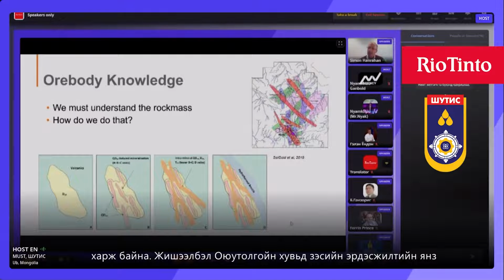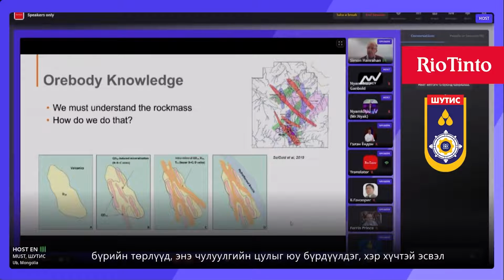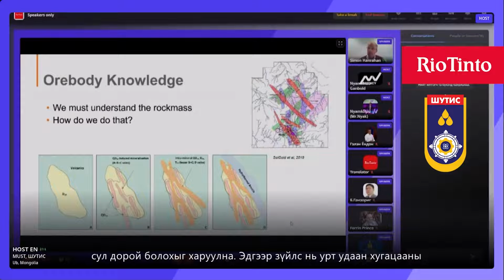If we go down to the bottom of the page, we can see another aspect of ore body knowledge, and this is really looking at the deposit in a finer level of detail than the previous figure above. And we're now looking at things on the page like the mineralogy, so what sort of, maybe in the instance of Oyu-Tolgoi, the copper, different types of copper mineralogy.